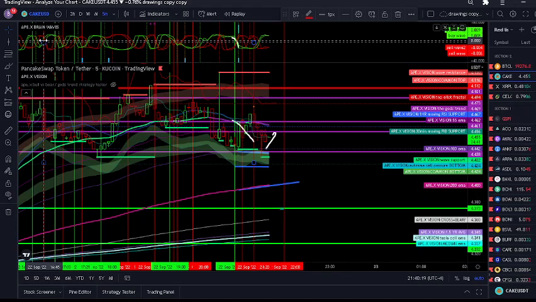No, I was wrong. It's gonna be a red candle. Yep. I don't know. If we find support right here, we should bounce up and have a green candle next one.